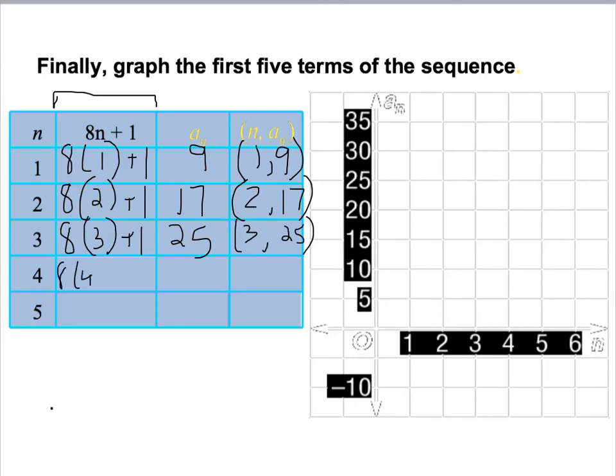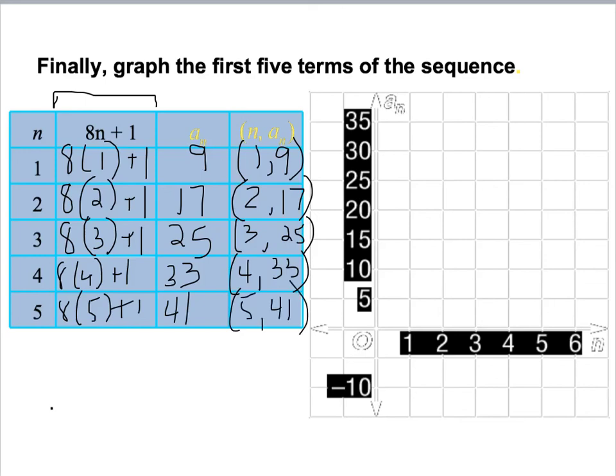The fourth term will be 33. And the fifth term, 8 times 5 is 40, 40 plus 1 is 41. So the fifth term will be 41. Now I can go ahead and graph to see what this equation will look like. So 1, 9. On the x, I'm going to go 1, and I'm going to go up 9.